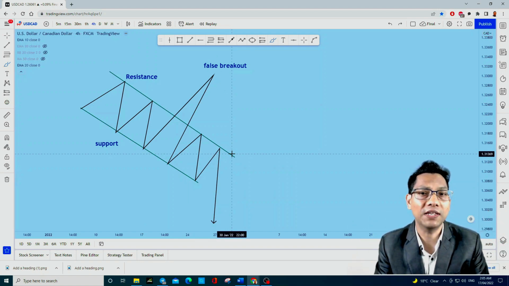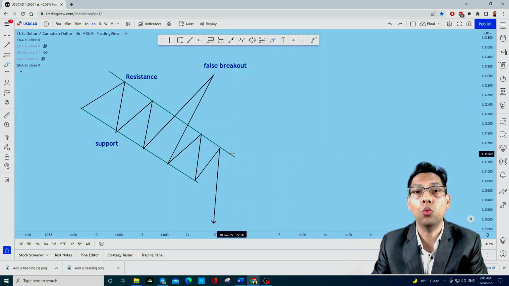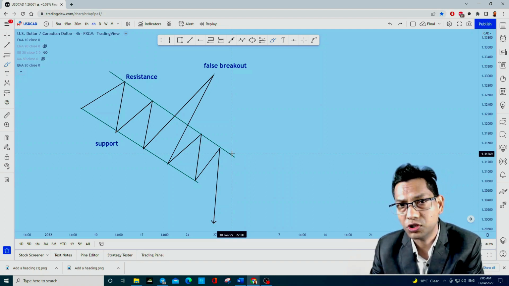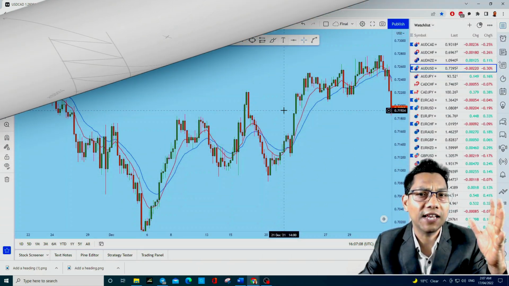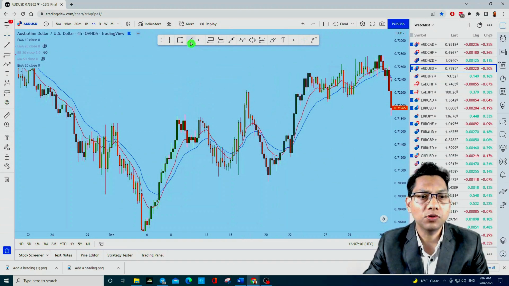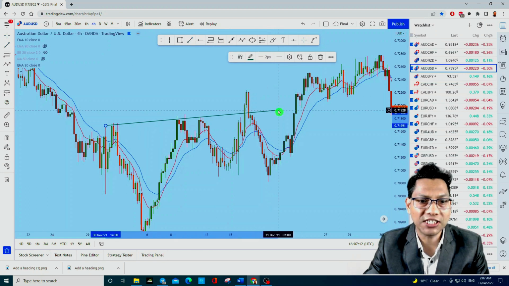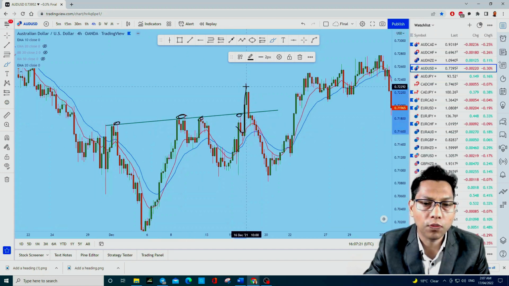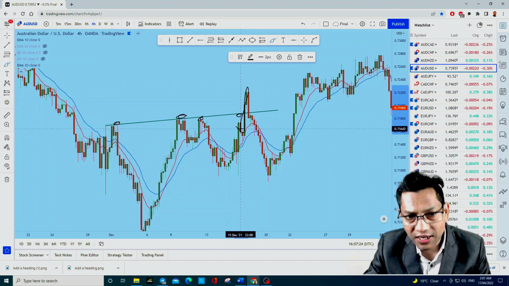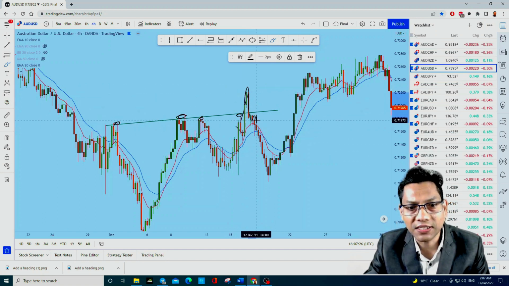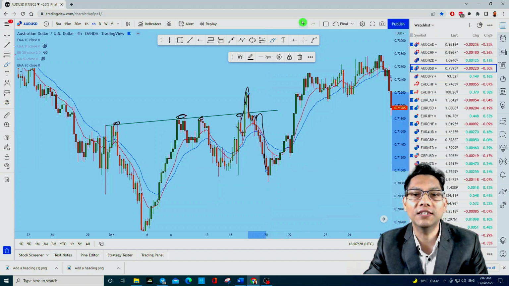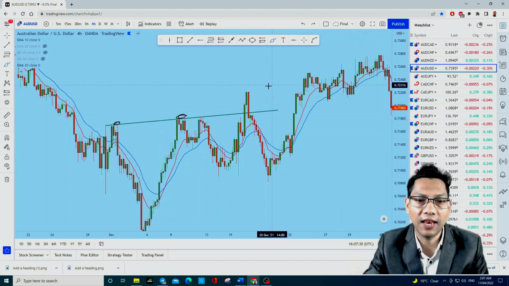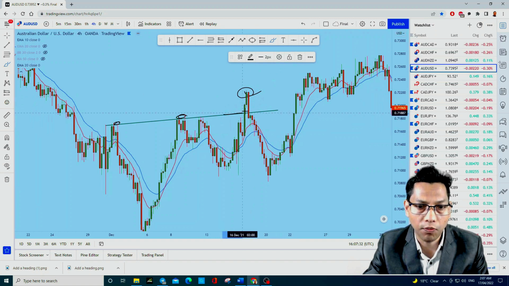Now let's see a couple of examples, and then we will go through how we can predict a false breakout. Let's see this example here. The price was respecting this level of resistance. There is a resistance here, here, and here, and suddenly the price broke out of this resistance and then immediately came back inside and started to move in the other direction, creating a false breakout of this resistance.